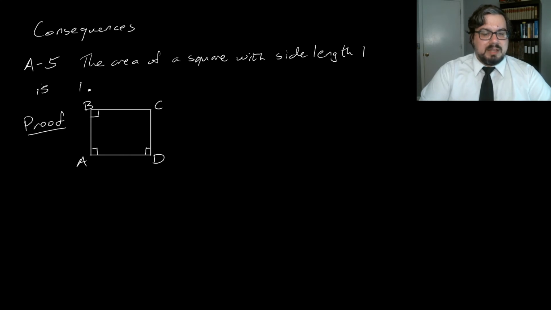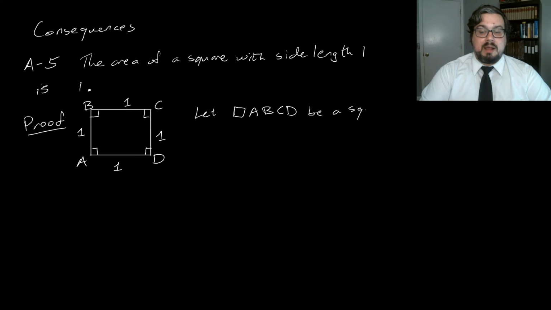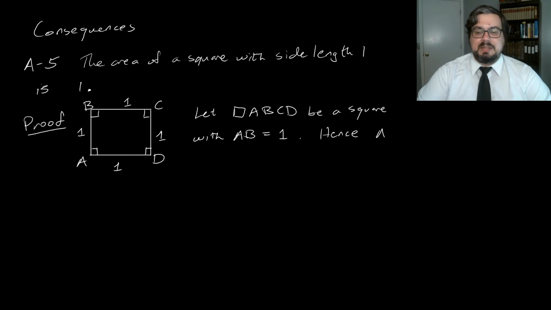All right, so let's go ahead and take this, and let's assume that we know that the side length of this square is 1. So we can say, let quadrilateral ABCD be a square with the distance AB being 1, and hence we get from that BC and CD and AD are also all equal to 1.